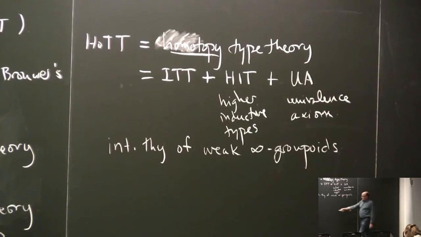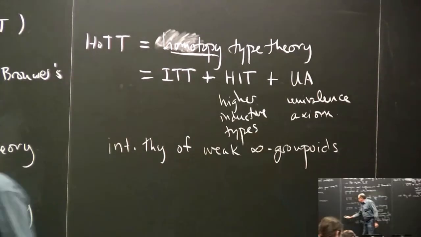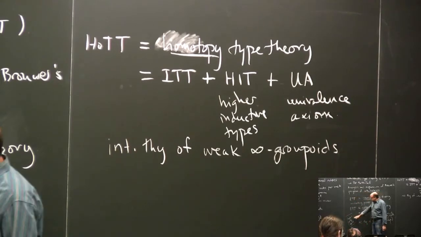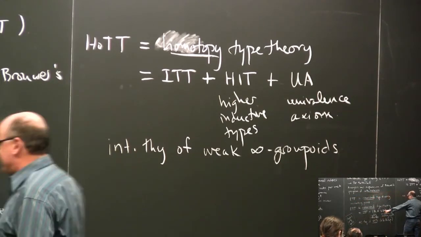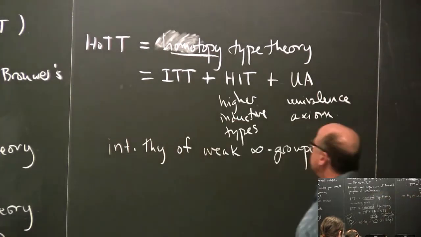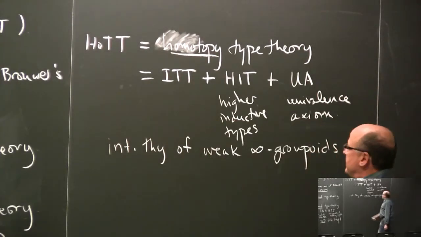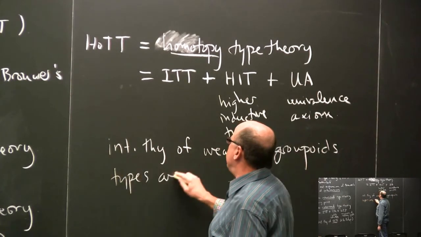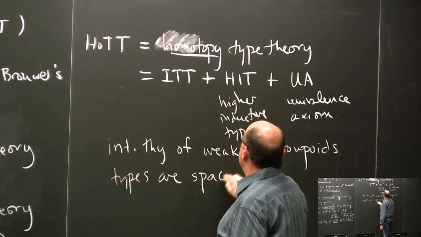So the idea here is that types are sets. In here, types are left open. It's not fixed exactly what types are, or I will say something a little more precise than that later. But here there is a fixed commitment that types are sets, in a technical sense that I'm going to explain later. And here what we're saying is that types are kinds of spaces, but abstract spaces.